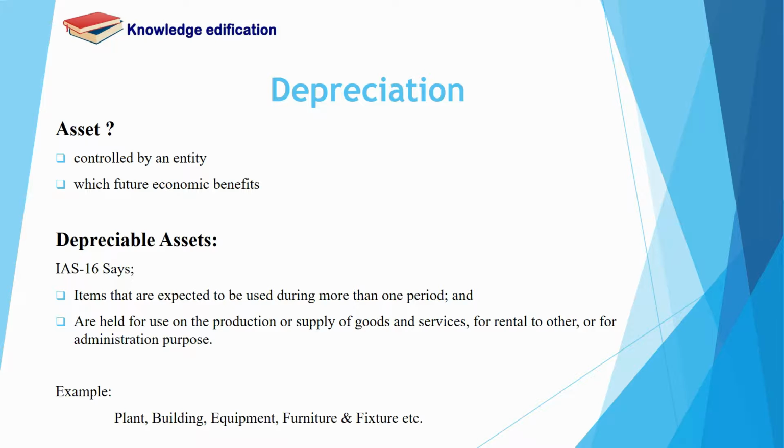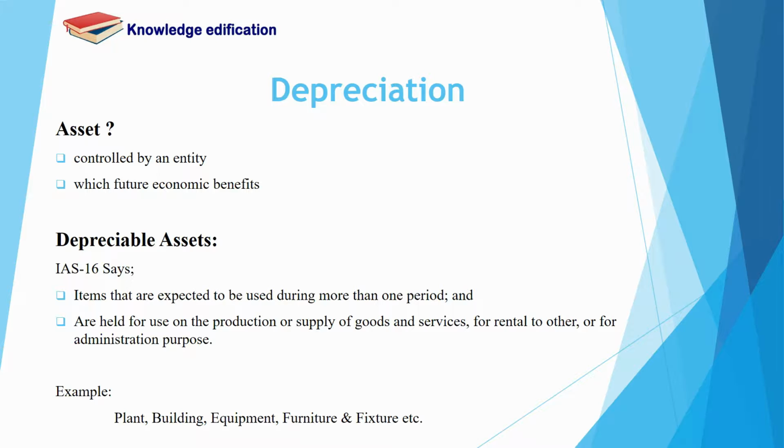These are non-current assets, items that are expected to be used during more than one period and are held for use in the production or supply of goods and services, for rental to others, or for administration purposes. Assets that retain their size and shape but that eventually wear out or become obsolete.